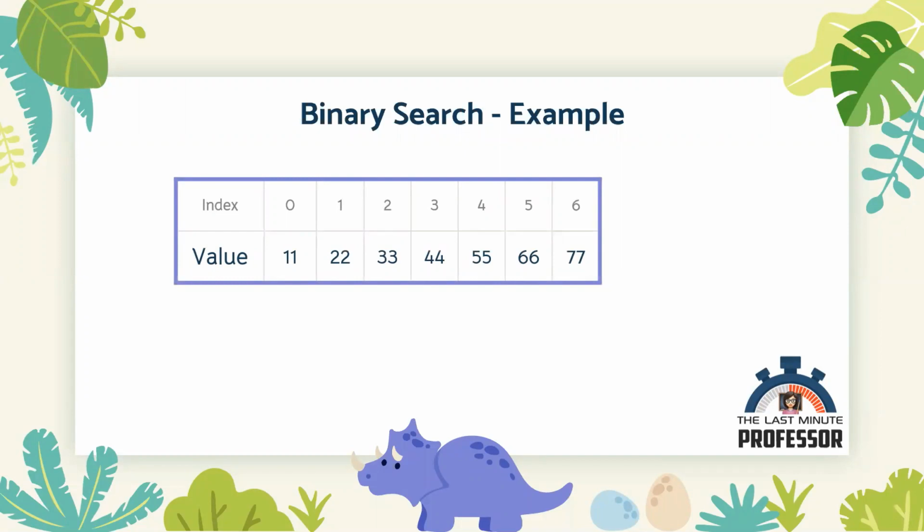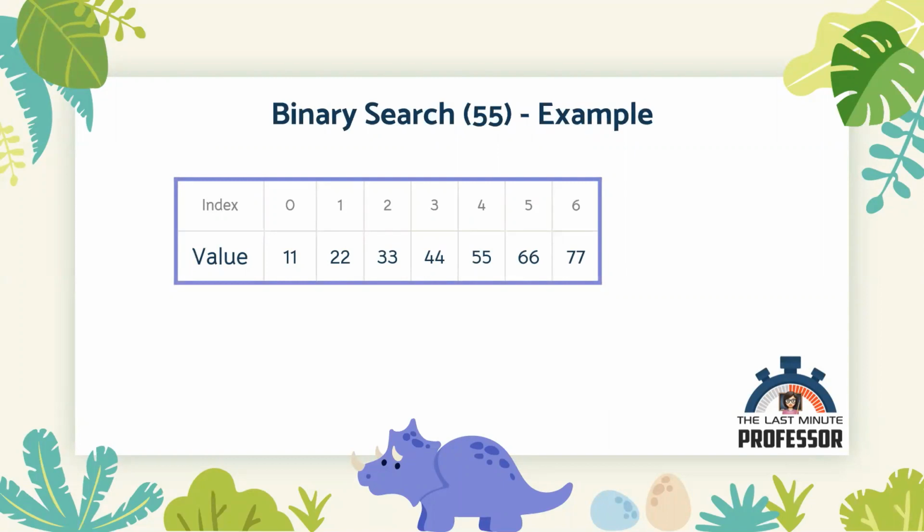The secret that the binary search uses is that since the elements are arranged in ascending order, considering any particular value, the elements to the left are less than the value, whereas the elements to the right are greater than the value. For example, the elements to the left of 44 are less than 44, whereas the elements to the right of 44 are greater than 44.